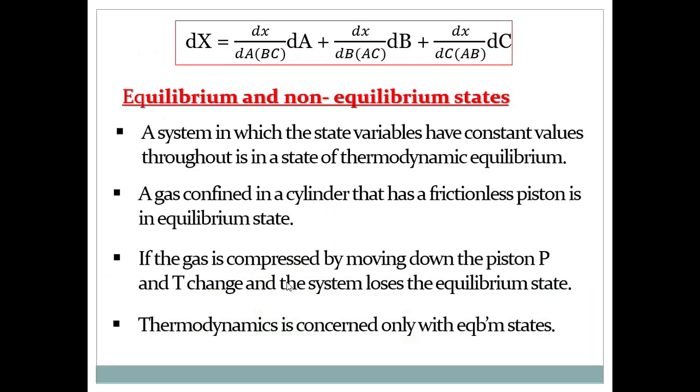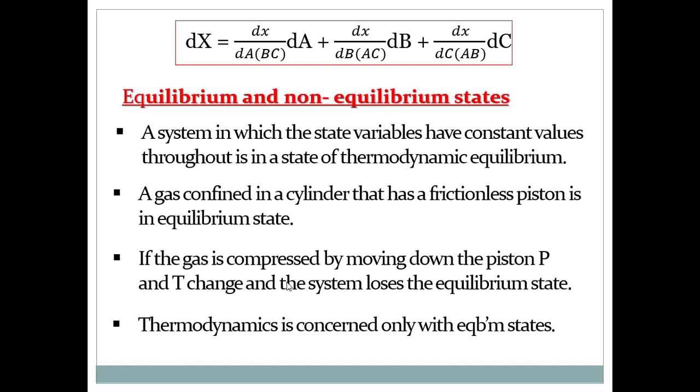So this is dx, the change in x, equals (∂x/∂a) at constant b and c, da, plus (∂x/∂b) at constant a and c, db, plus (∂x/∂c) at constant a and b, dc. But we shall look at that in the later calculations.